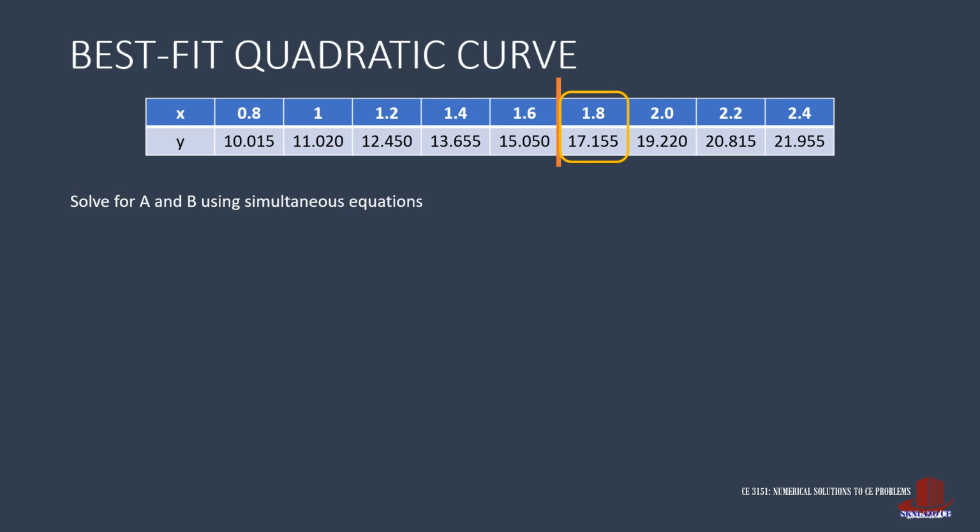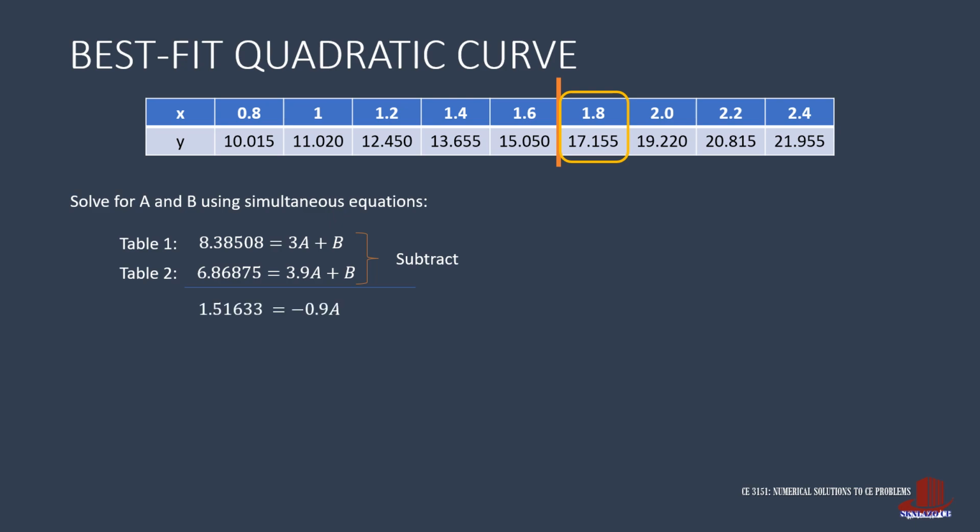Take the two equations generated from the two tables and look for the variables a and b using simultaneous equations. That is by subtracting the two, which results to 1.51633 as equal to negative 0.9a, and a is solved as negative 1.68481.